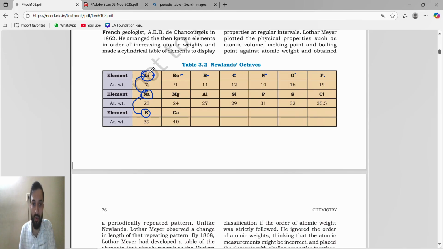So see here, if you count from here, 1 2 3 4 5 6 7 8, again it came to this. So every 8th element will show similar properties to the first element.